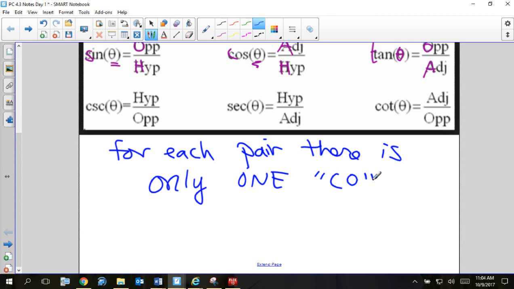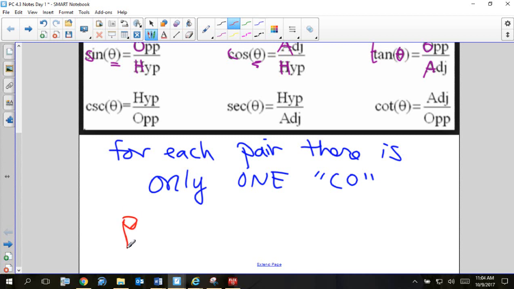So cosecant goes with sine. And then cosine has secant. So each pair only has one word that starts with co. So cosine does not go with cosecant, even though people want to do it really bad. So just one co.